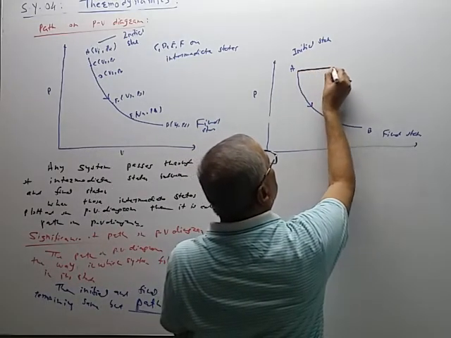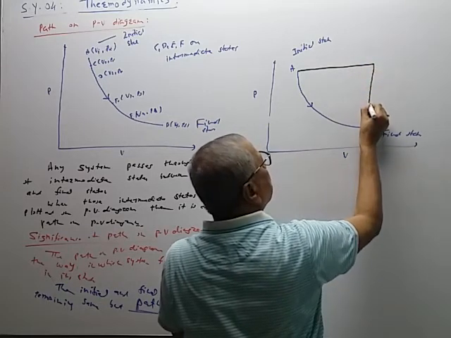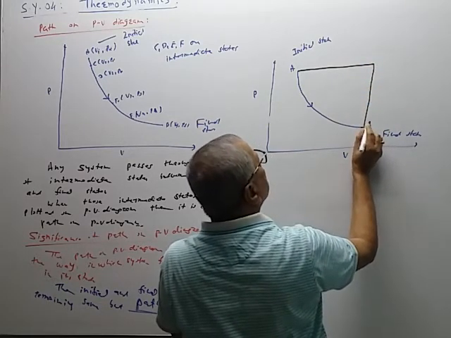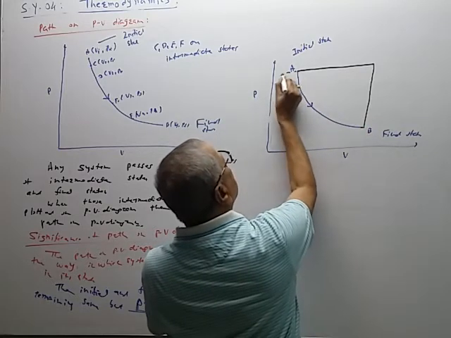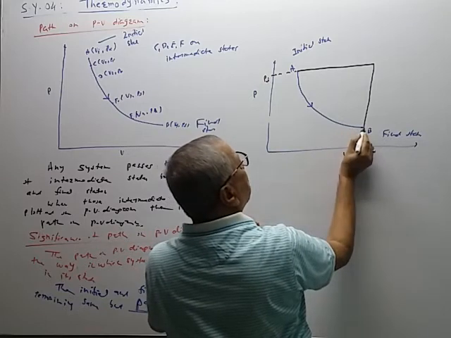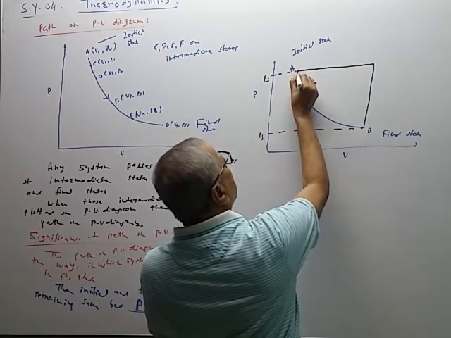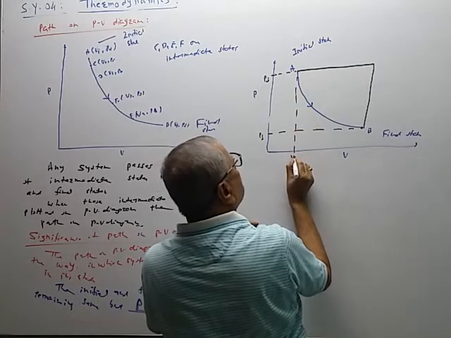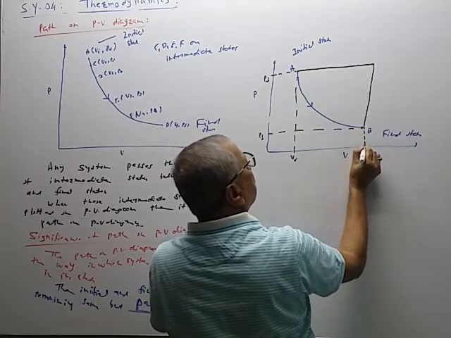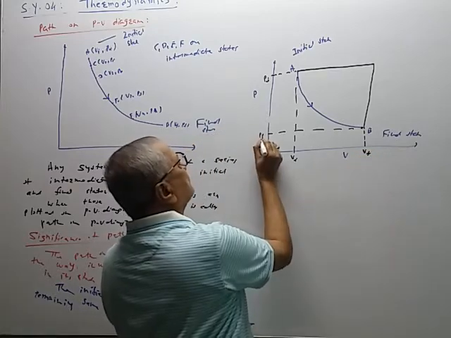First, at constant pressure, the volume will change. Then, at constant volume, the pressure will change like this. For A point, the initial pressure is Pi. For B point, the final pressure is Pf. For A point, the initial volume is Vi. For B point, the final volume is Vf, like this.